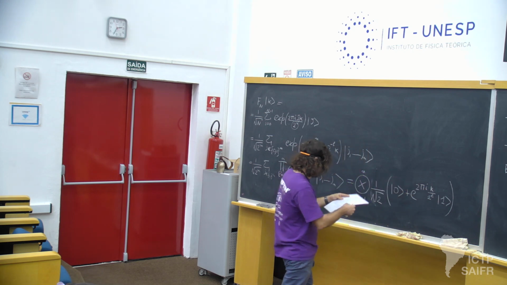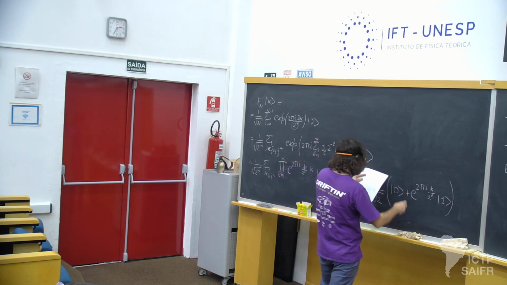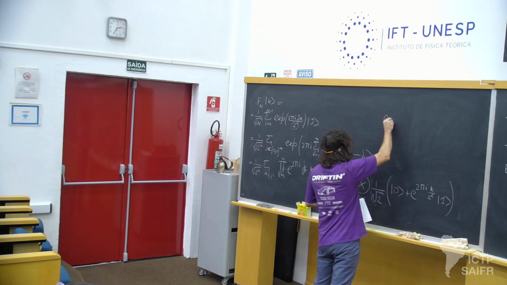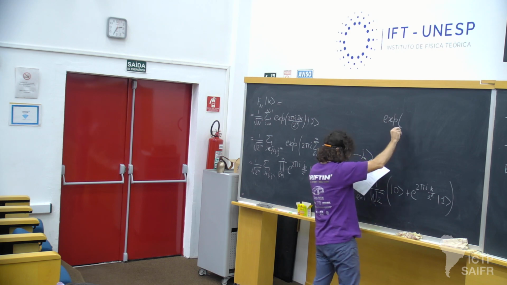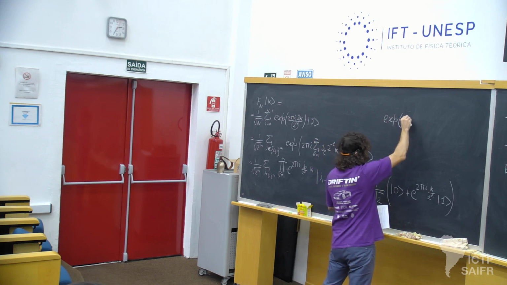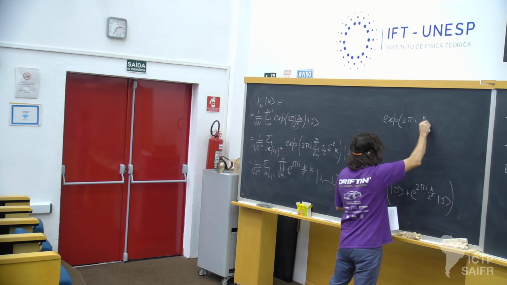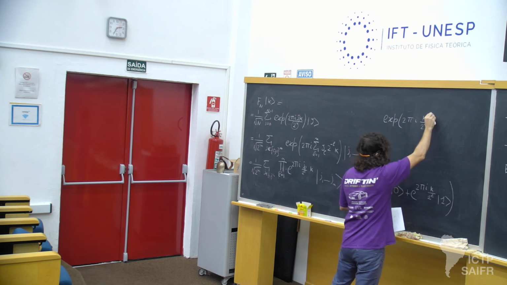So let's write this a little bit more. We have the exponential of 2 pi i k over 2 to the L, right?